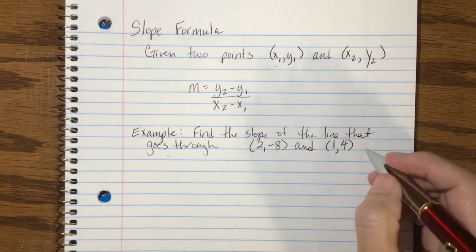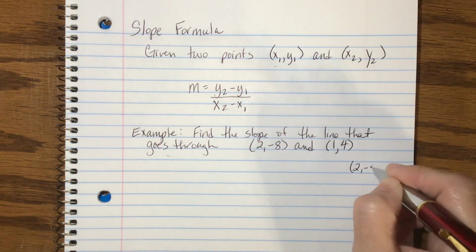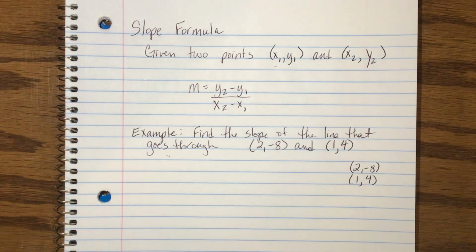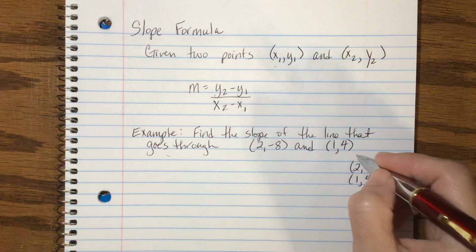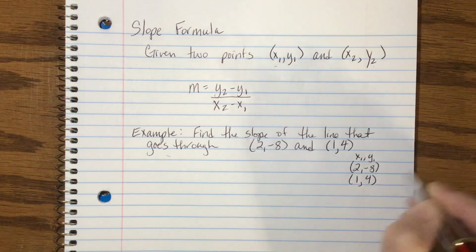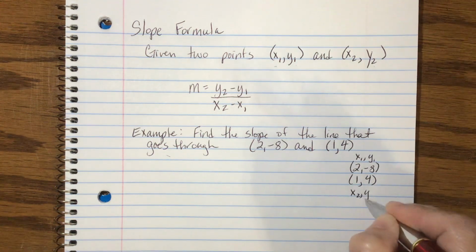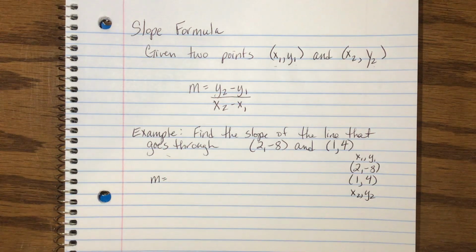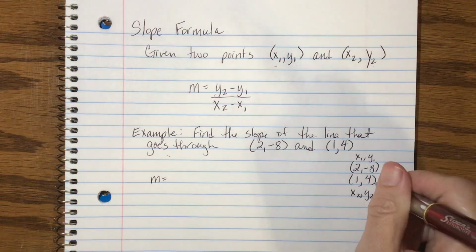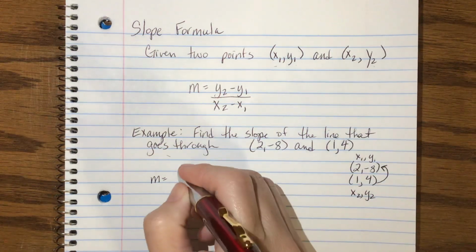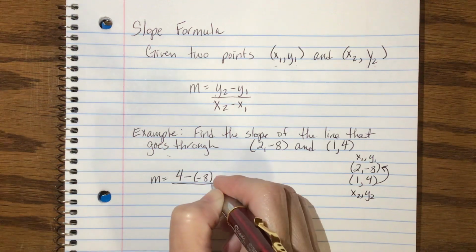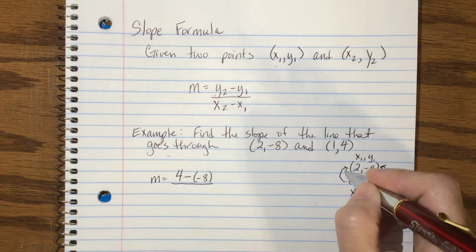Okay, I have had students have a lot of luck by stacking their points to start with. Because then when I use my formula, I don't mix up which one is my 1 and which one is my 2. So I'm going to use my formula here. I am going to go y2 minus y1. So 4 minus a -8 over x2 minus x1.